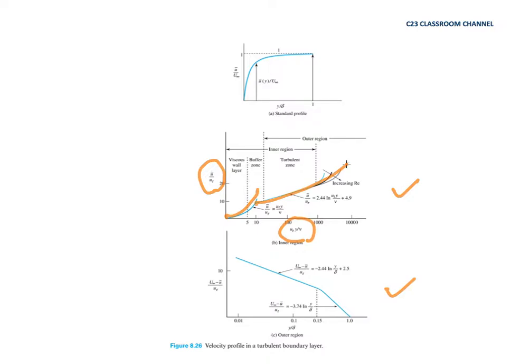Previous researchers did curve fitting, and then we have these terms. Finally we will use the idea of 2.44 ln u tau y over nu plus 4.9. This equation actually comes from the curve fitting of the empirical method.